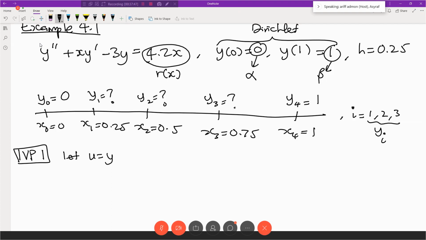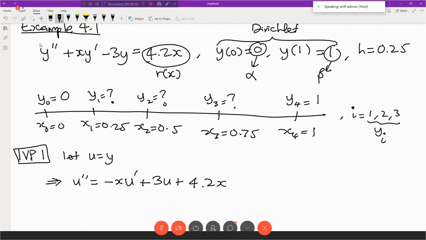So your IVP1 should be like this: u double prime equal to, I put these two terms on the right side, so we have minus x u prime plus 3u plus 4.2x.